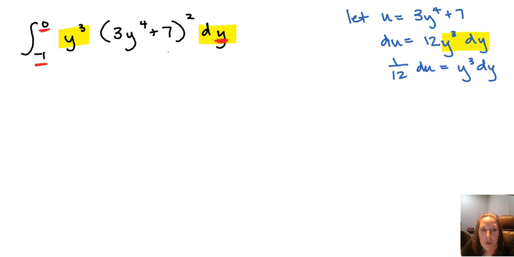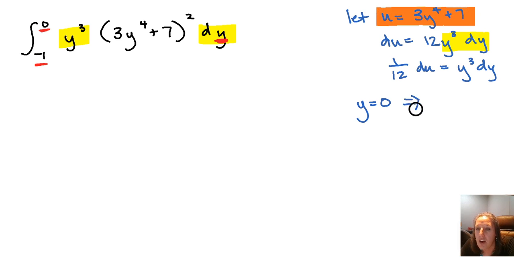We have our u substituting for the parentheses. The only thing we have left are those endpoints. And so when y is equal to 0, we're going to plug into this u equation, our substitution equation, to find what the corresponding u value is. So if y equals 0, we will see that our u is going to be 3 times 0 to the fourth plus 7, which simplifies to just 7.